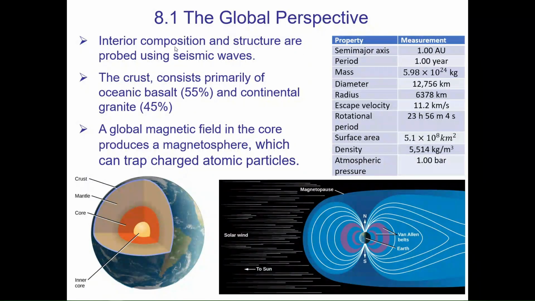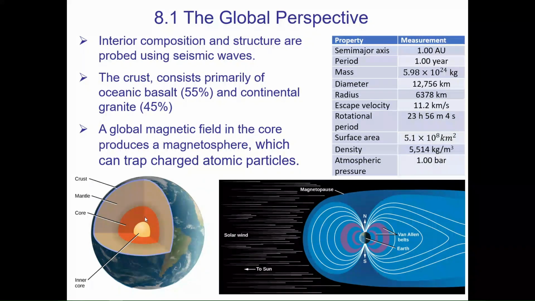Therefore, the interior composition and structure of the Earth are probed using seismic waves. A seismic wave is a wave produced during an earthquake. Because a wave will travel differently through different materials, by looking at how the seismic wave travels through different regions of the Earth's interior, we can get the structure and the composition.